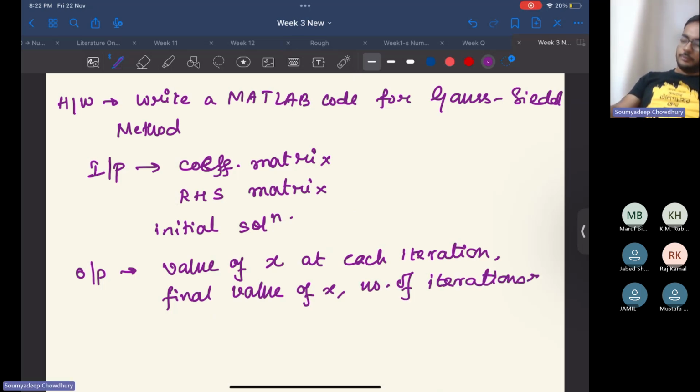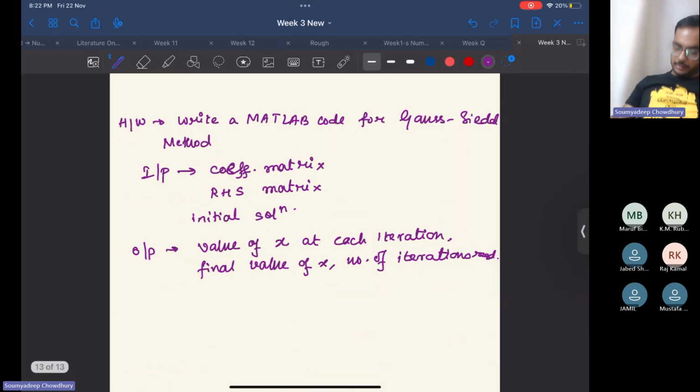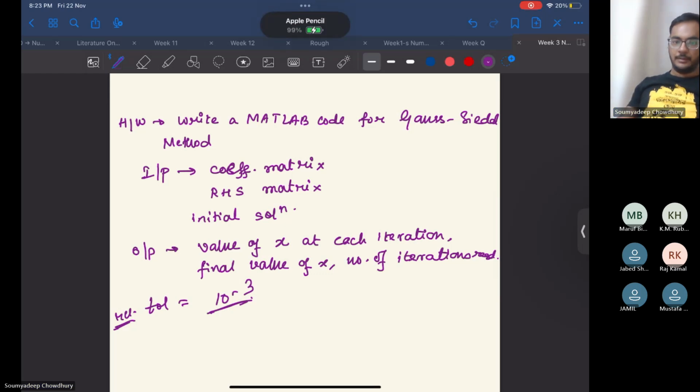These three things you should print as output. The tolerance should be 10 to the power minus 3. This is the relative tolerance, okay? Clear? The question is clear?